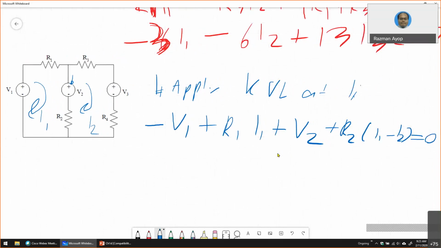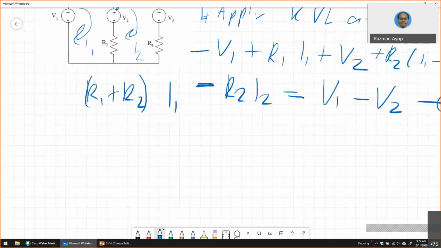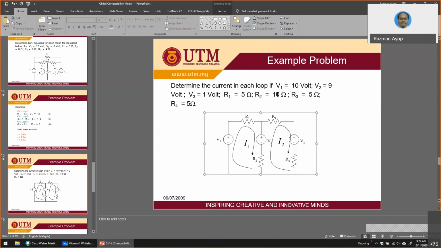Rearrange this and you get (R1 plus R2) I1 minus R2 I2 equals V1 minus V2. So you get the first simultaneous equation.